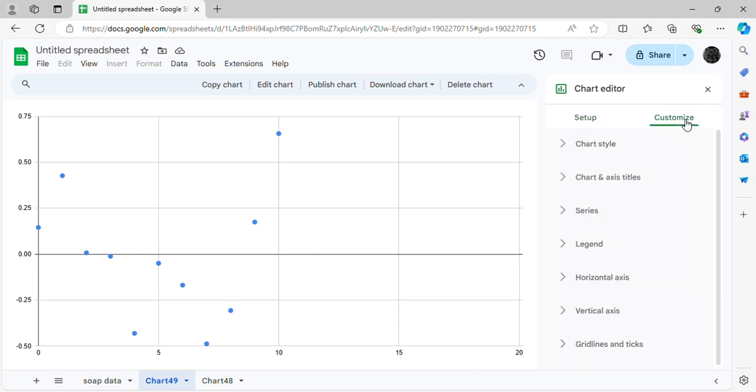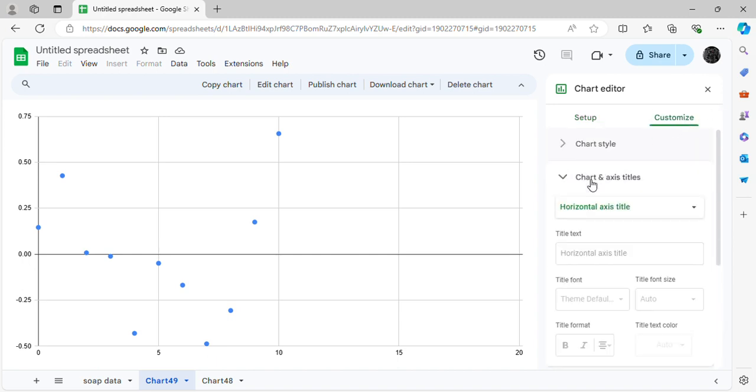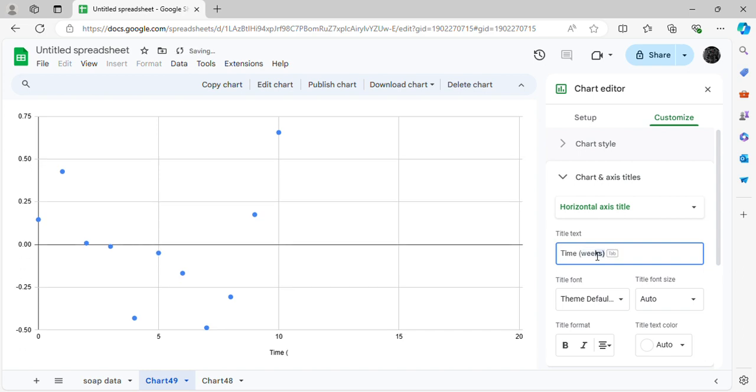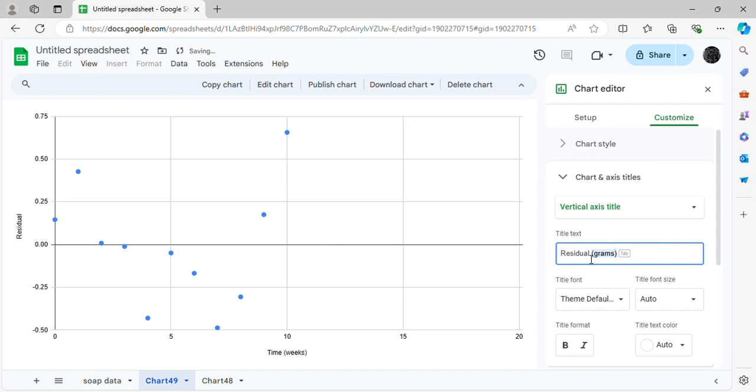Let's customize. Click on Chart and Axis Title. For the horizontal axis title, type the title text time, bracket, in weeks. And for the vertical axis, type the title text residual, space, in grams.